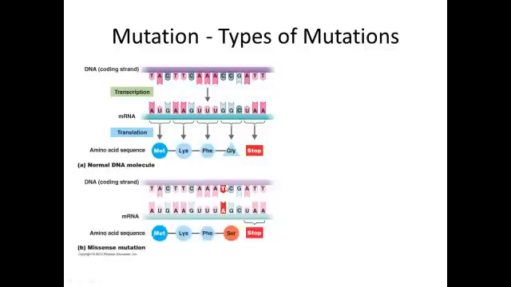Now here we get a change. This C gets accidentally changed to a T, so the triplet reads for serine instead of glycine. There is a change in the amino acid sequence. We went from a glycine to a serine.